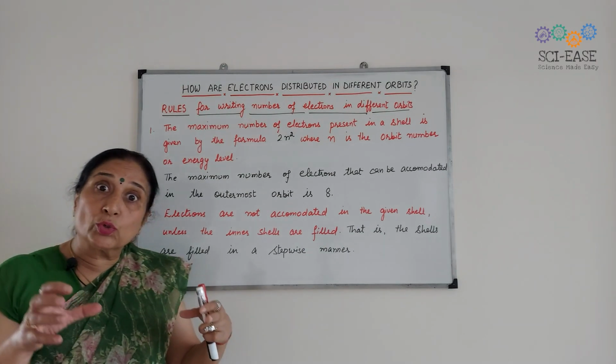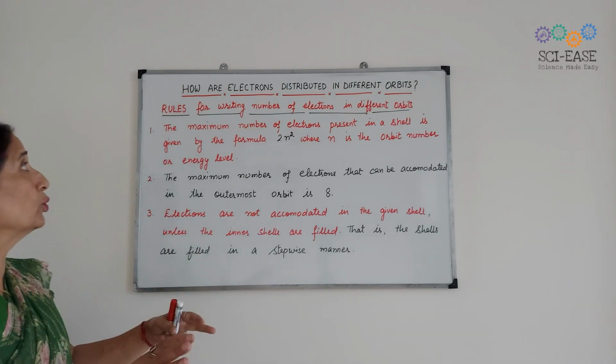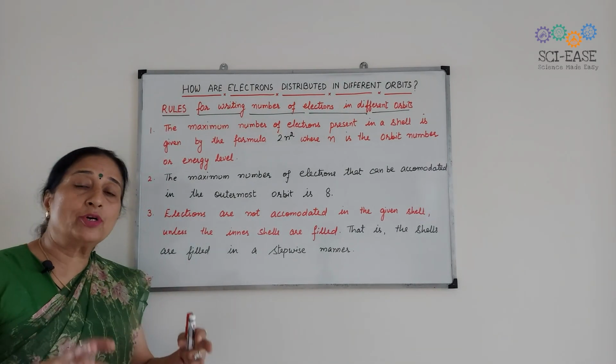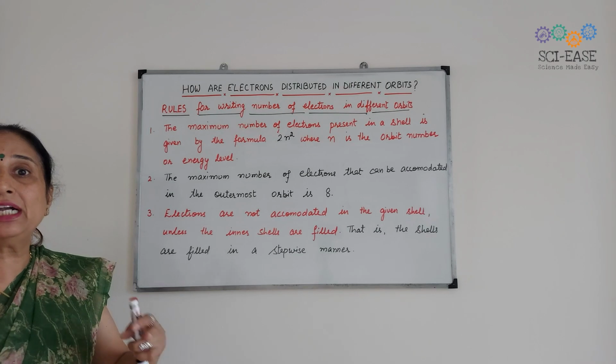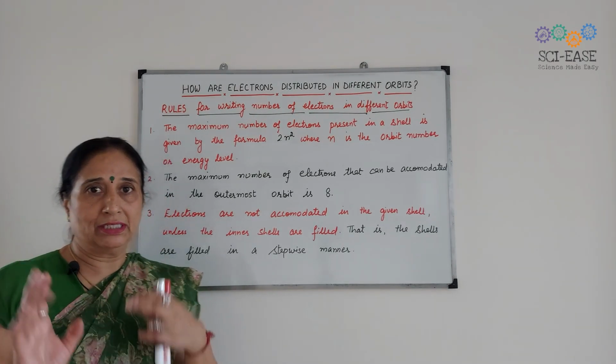They set up certain rules for writing the number of electrons in different shells or orbits or energy levels.